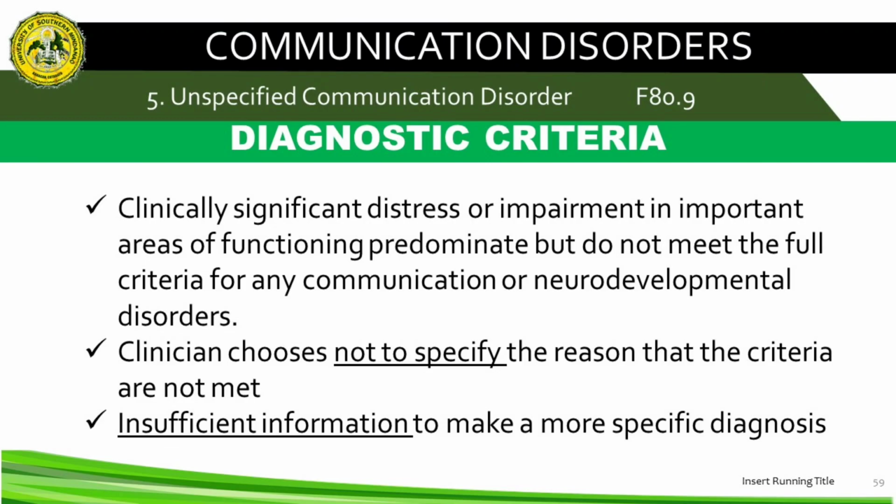The unspecified communication disorder category is used in situations in which the clinician chooses not to specify the reason that the criteria are not met for communication disorder or for a specific neurodevelopmental disorder, and includes presentations in which there is insufficient information to make a more specific diagnosis.